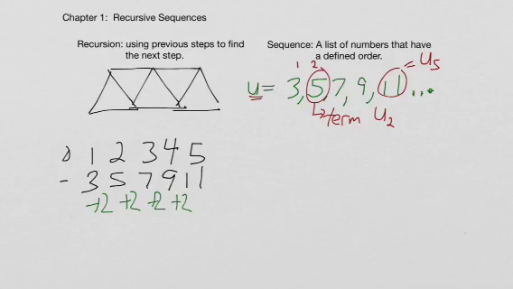So we can talk about specific terms by putting a subscript saying which number in that list it is. And that's, again, that idea that we need a defined order. That order makes it really important.